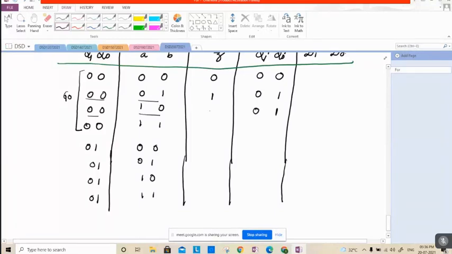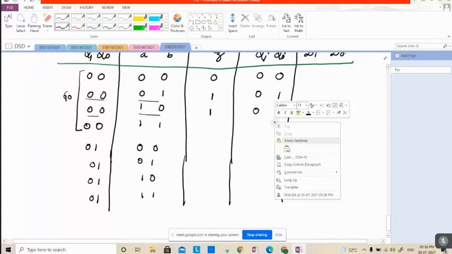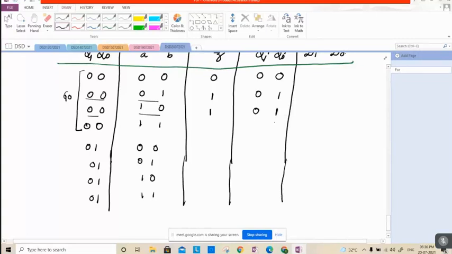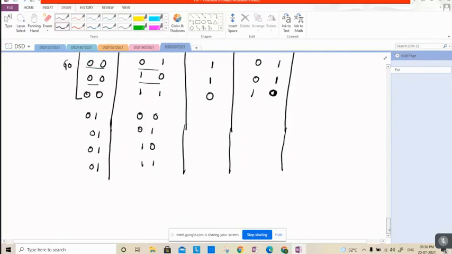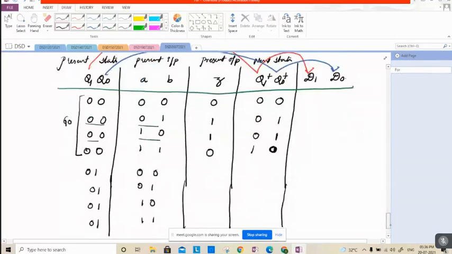What is the output here? 1. Here, what is the case? 1 0. What about output? 0. So in this, we write down all the 16 combinations and then find out the values of D1 and D0.